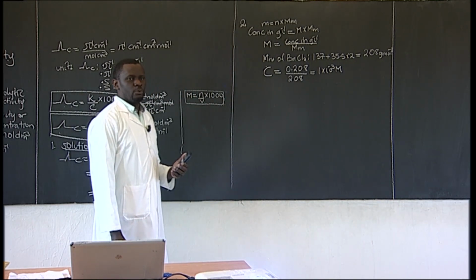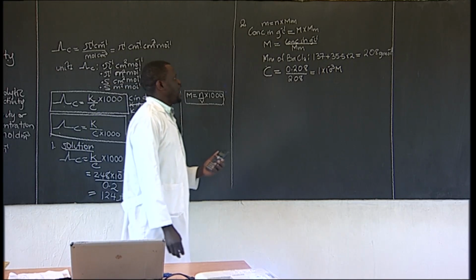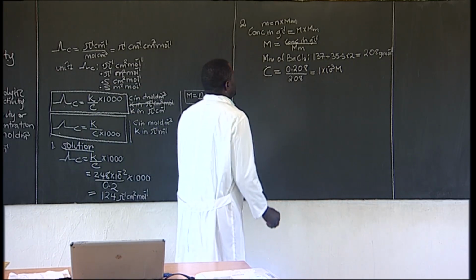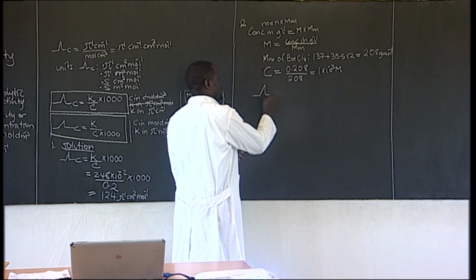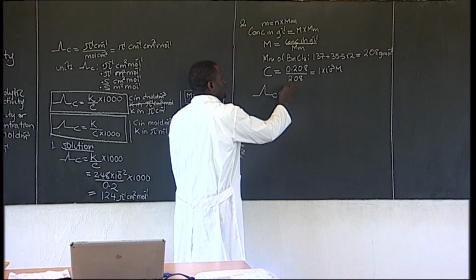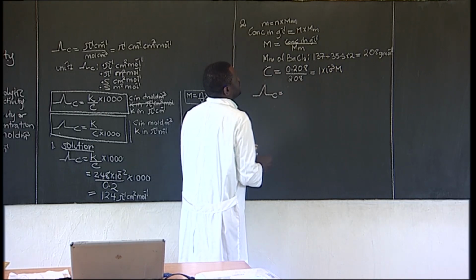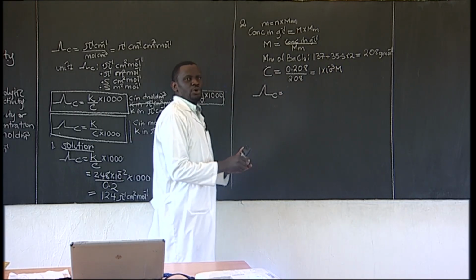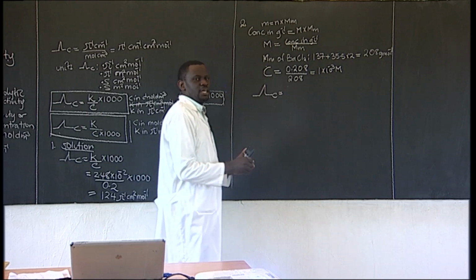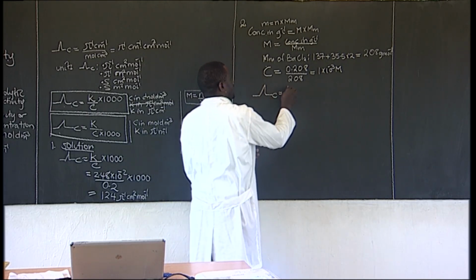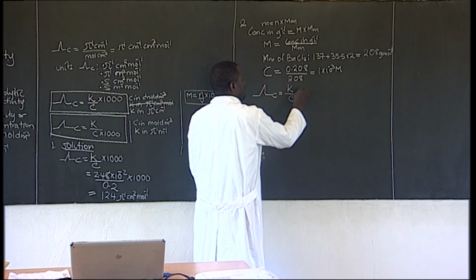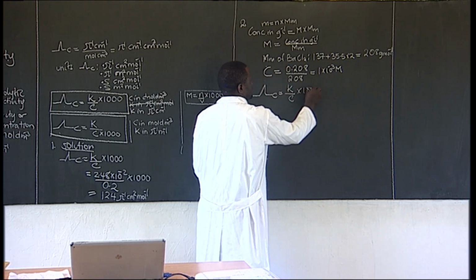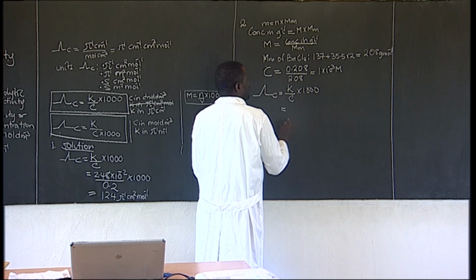From there, we go and get our expression for molar conductivity. This time the units of conductivity are in centimeters. So we say K over C times 1,000.